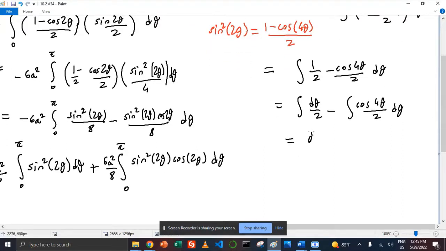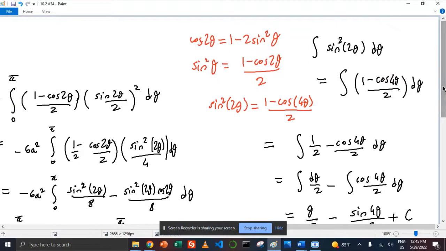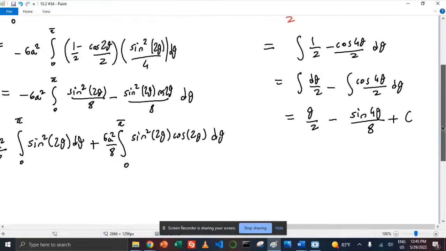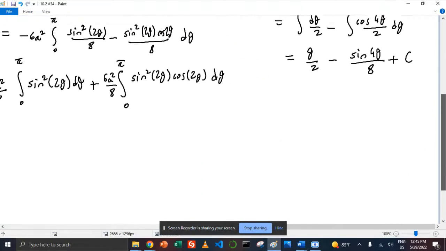So this becomes theta over 2 minus sine 4 theta over 8 plus c. So that's one of these integrals solved. So that's great.